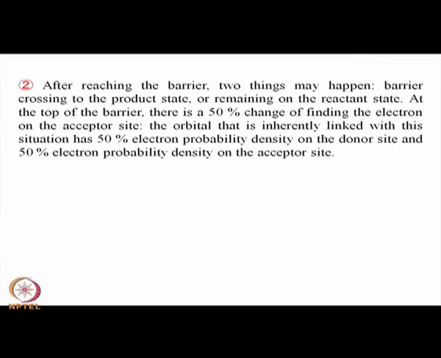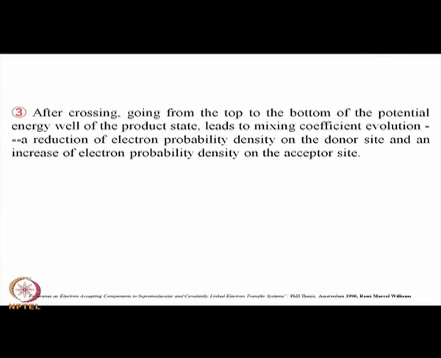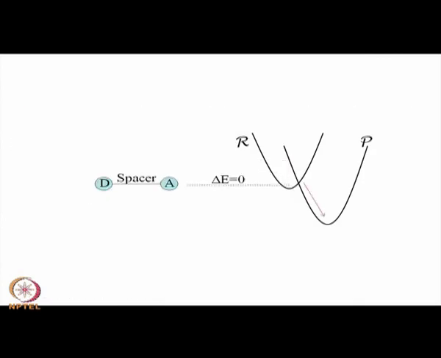After reaching the barrier, it has got the equal probability either to go to the product state or come back to the reactant state. Let us again see the picture. The ball is over here. It will either come back to here or it will go to there.